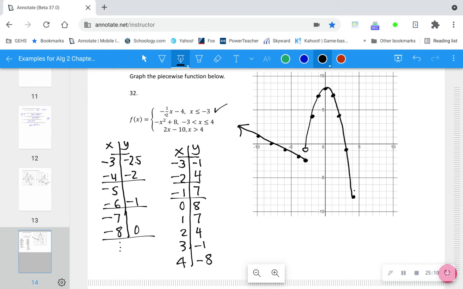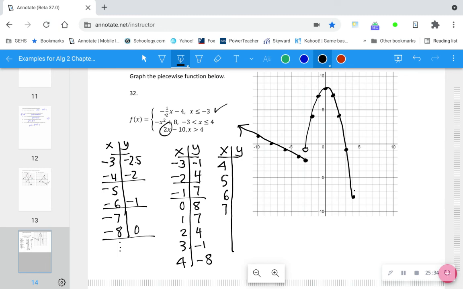Okay, we got one section left, and that's this bottom, and it applies to any number that's bigger than 4. Not including 4, but bigger than 4. So if I put 4 down, and I will, we understand that that's going to be an open dot. Okay, numbers that are bigger than 4. Let's go 4, 5, 6, and 7 just to figure out where this goes.